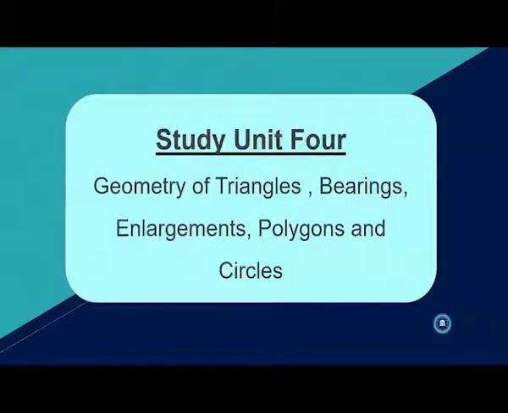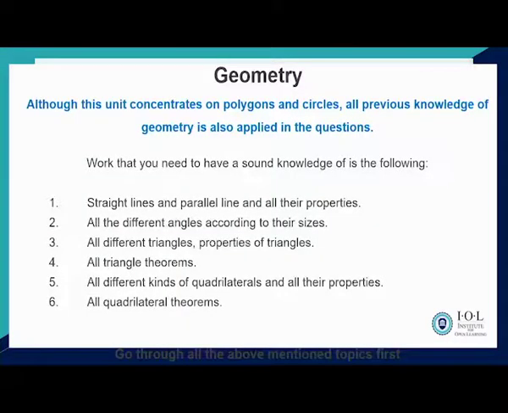Now, when we get to geometry, there's lots of previous knowledge that you have to know. You have to know it. It's not dealt with in the study unit. That's all previous knowledge. And it's all about points, straight lines, parallel lines, and all their properties of corresponding angles, alternate angles, co-interior angles, perpendicular lines, all the different angles according to sizes.